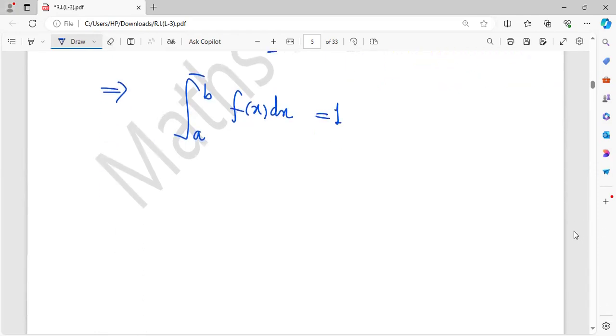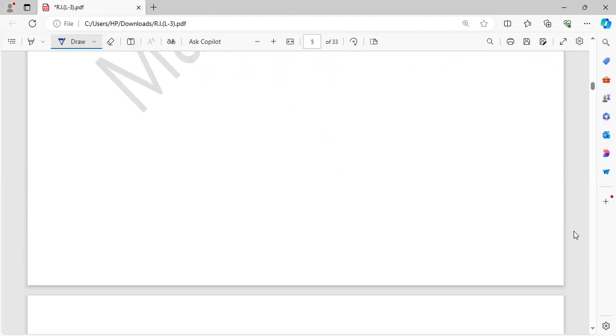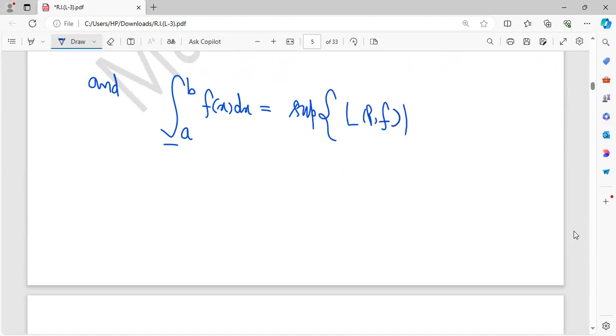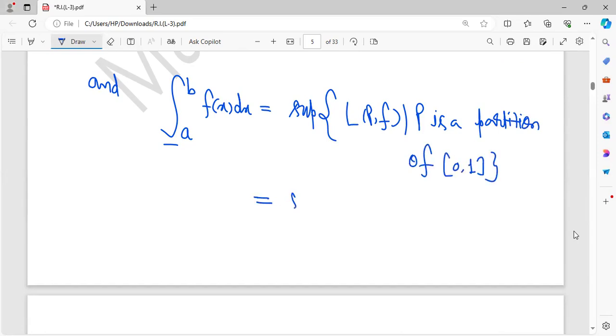And let's calculate the lower Riemann integral. What is that? The integral from a to b of f(x) dx is equal to the supremum of L(P, f), where P is a partition of the closed interval [0, 1]. Now this is a supremum. Each L(P, f) is 0.